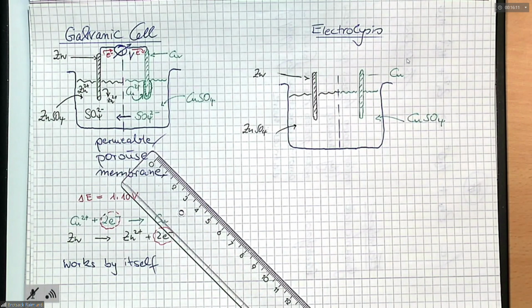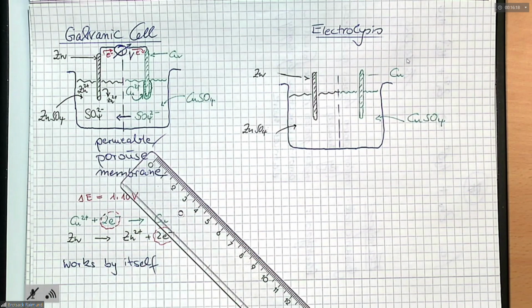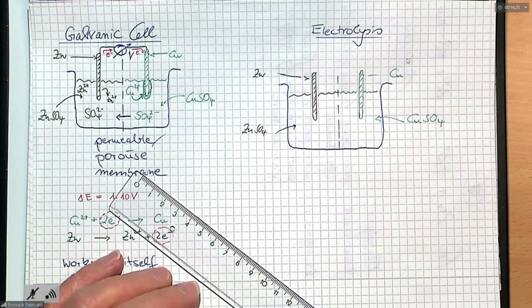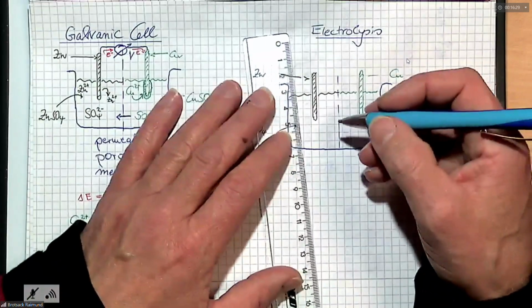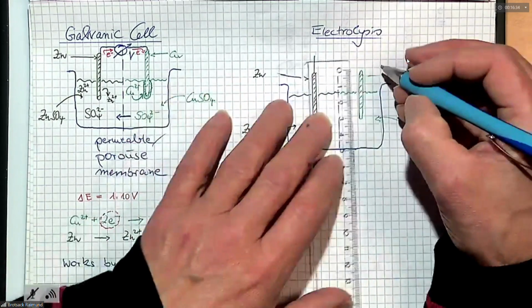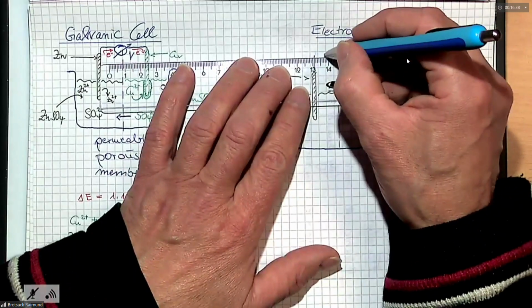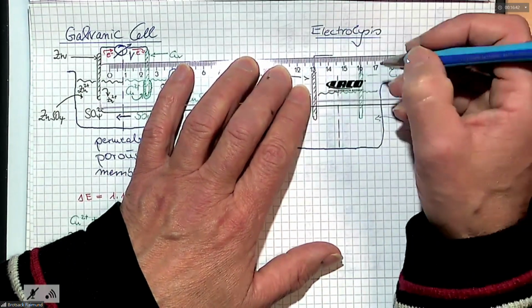And now we do not have this system working by itself. We have to add power. Electricity, yeah. We have to add electrical work. So we have to connect it with an external power source to push the electron movement in an opposite direction.